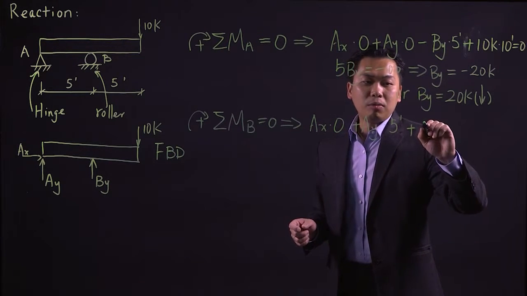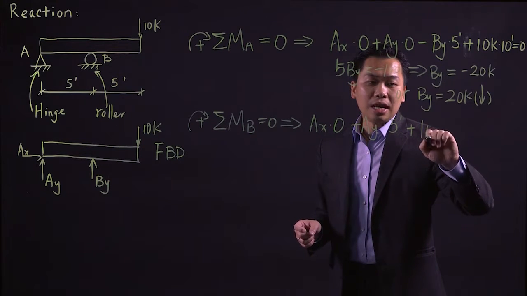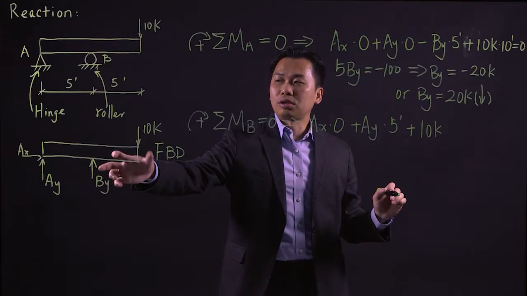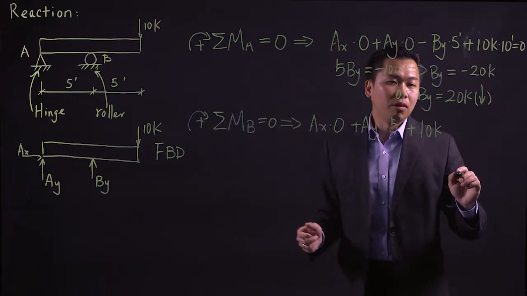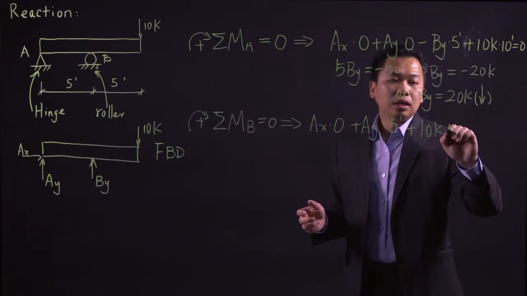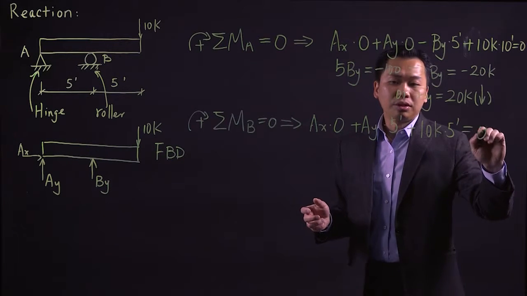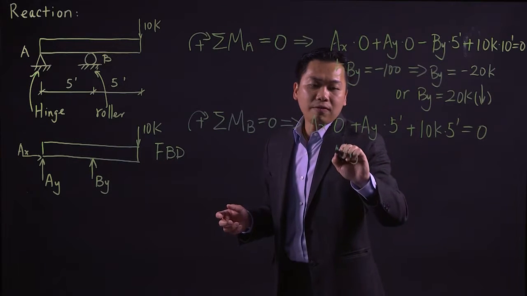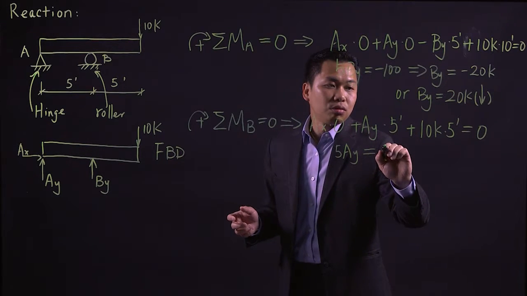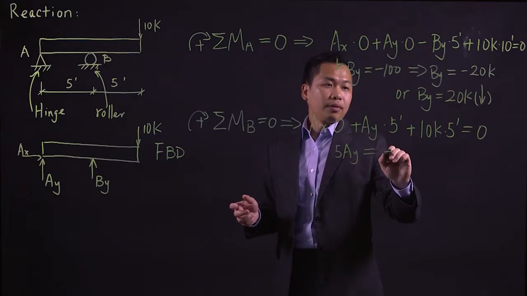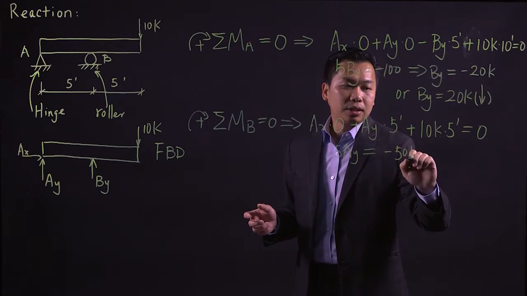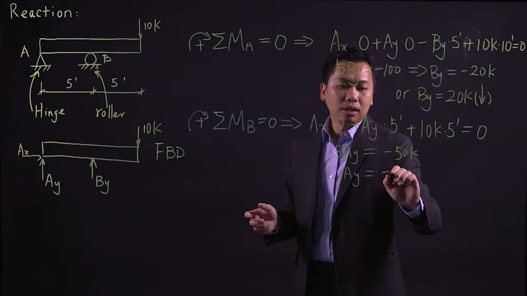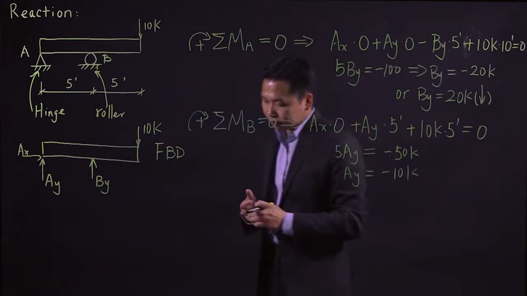Another moment we need to add is your 10 kips. If you take a moment at this point, this force is going to create a positive, clockwise moment as well. So that is 5 Ay plus 50 equal to 0. With that said, you have your 5 Ay is equal to negative 50 kips, and your Ay is equal to negative 10 kips.